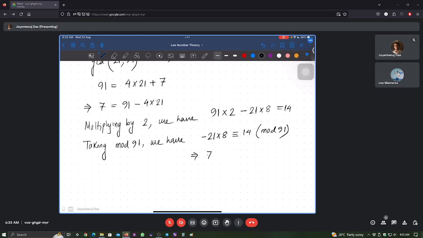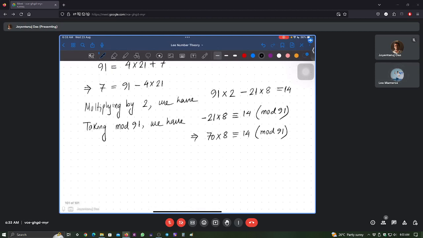So this is the same as 70 times 8 congruent to 14 modulo 91. So x equals 70 is one solution.